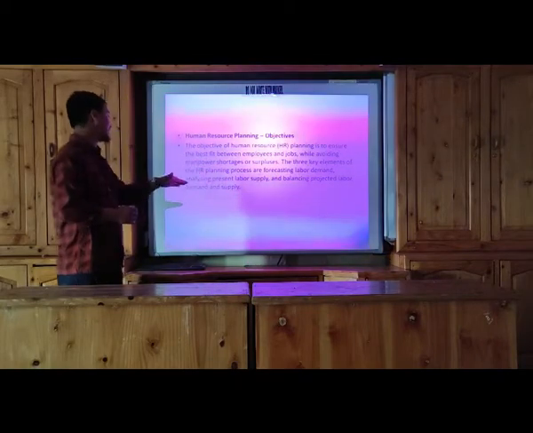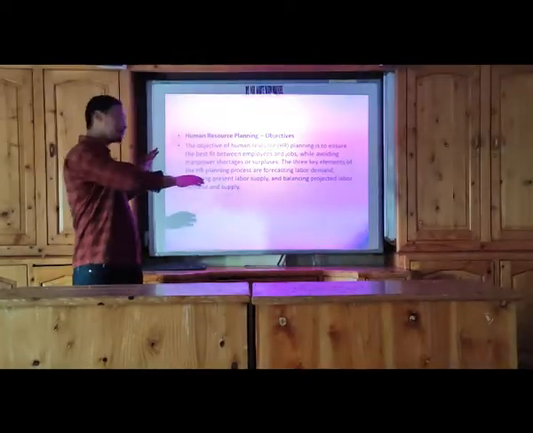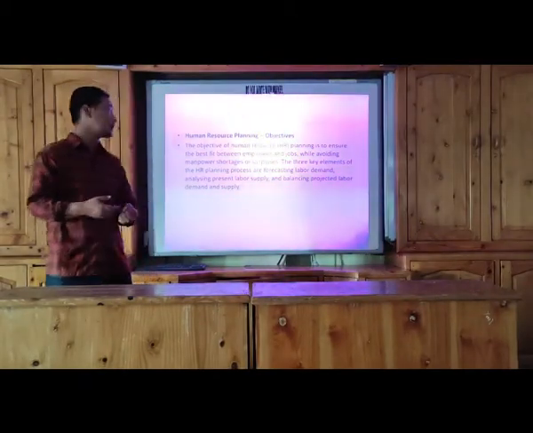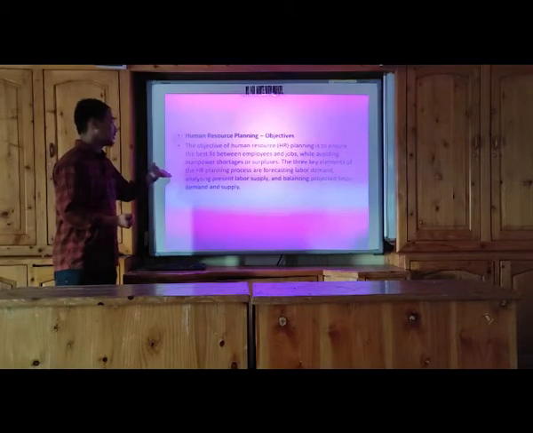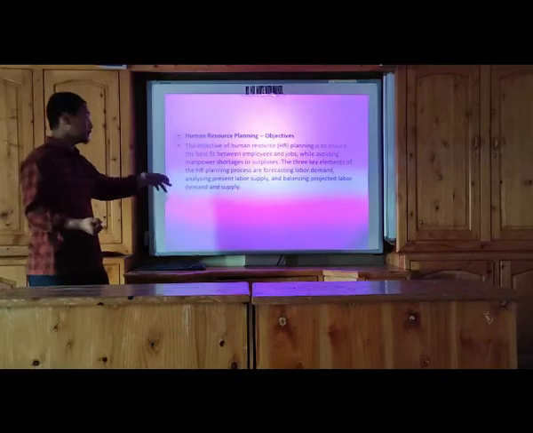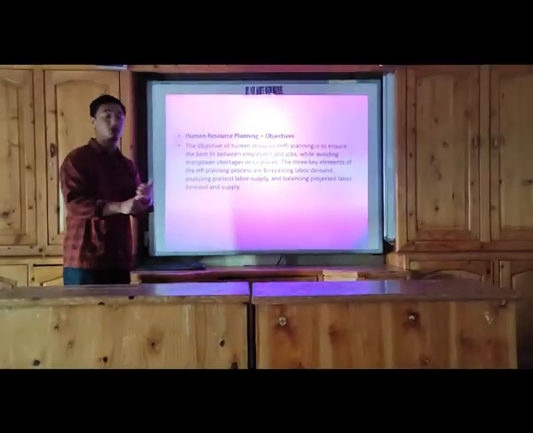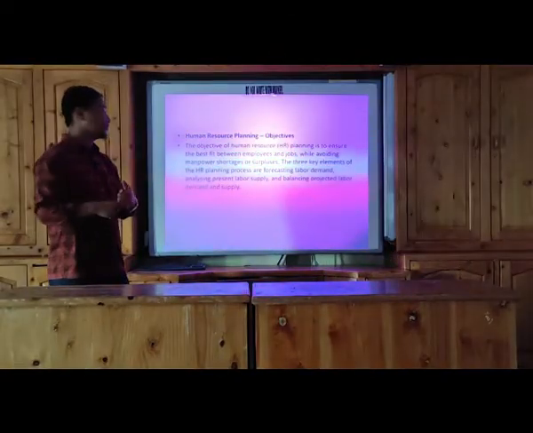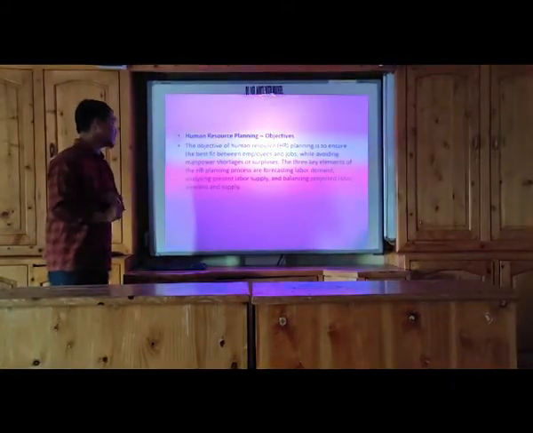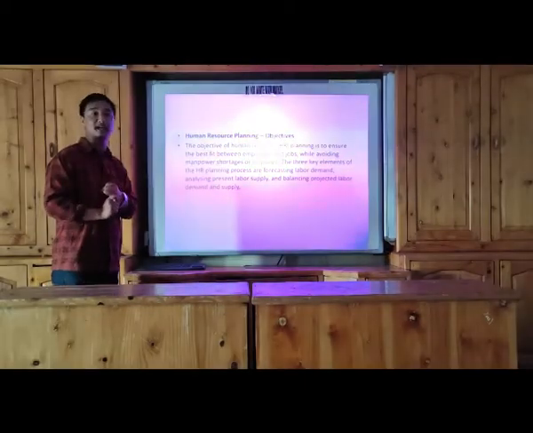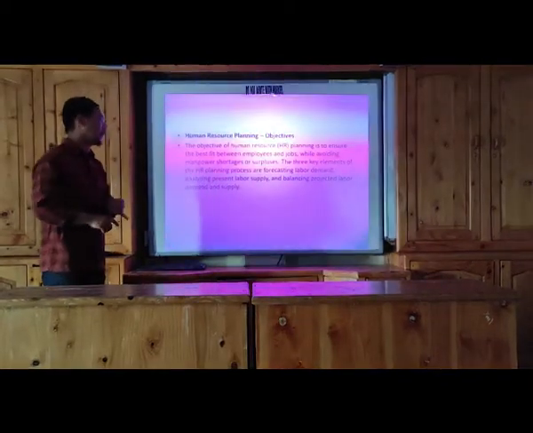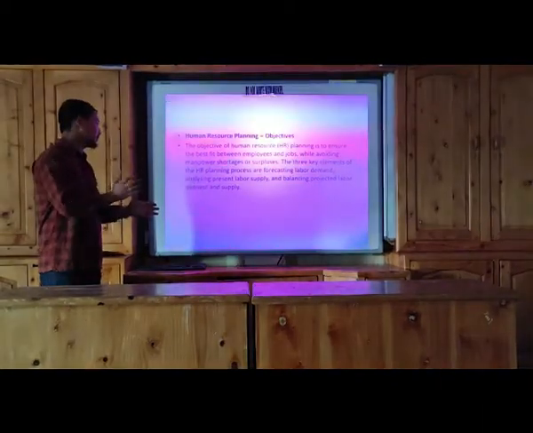And balancing projected labor demand and supply. What we are basically talking about here is numbers. We're talking about getting the right numbers so that there would not be manpower shortages or surpluses. In the three elements we discussed forecasting the labor demand in case we have projects in the pipeline, analyzing present labor supply, understanding the market and the talents that are there in the market, and also balancing between the projected labor demand and supply.